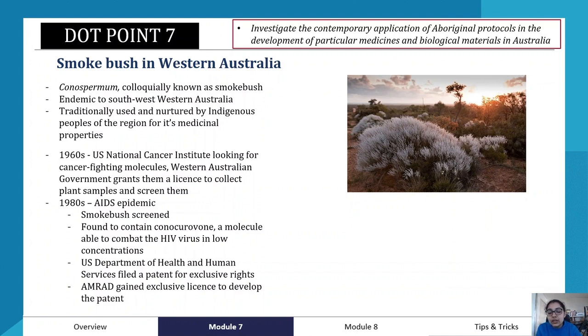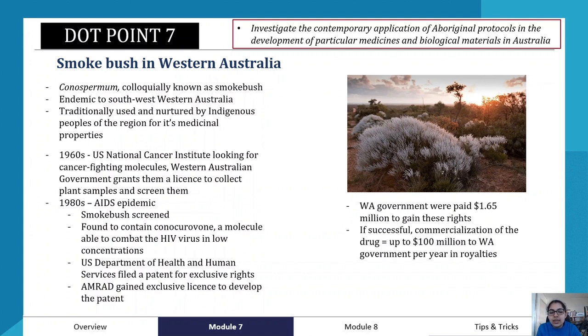The US Department of Health and Human Services filed a patent for its exclusive rights. The WA government was paid 1.65 million at the time, and the process, I think, is still ongoing, but if it was successful, they could be paid up to $100 million in royalties per year.